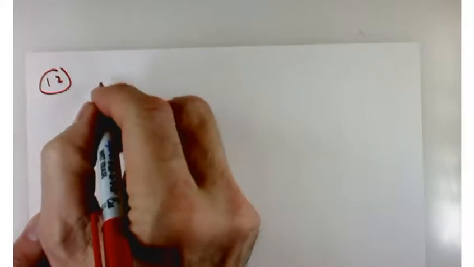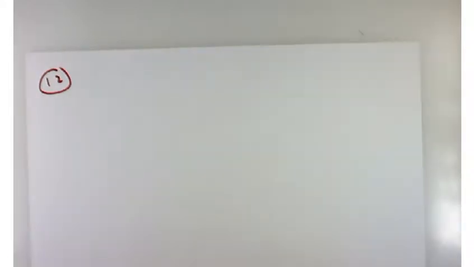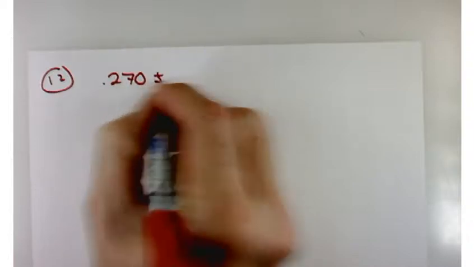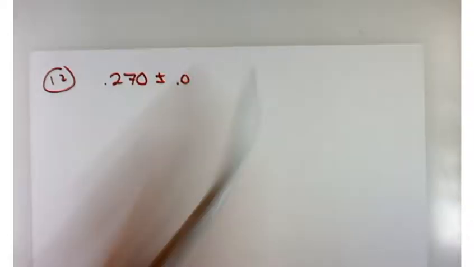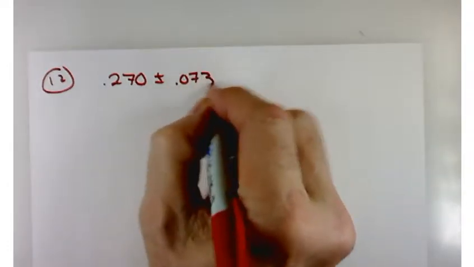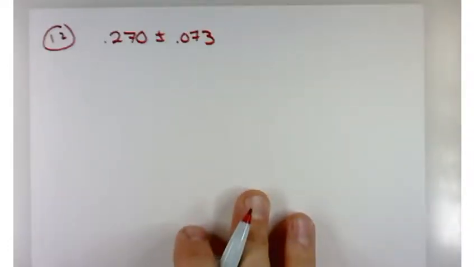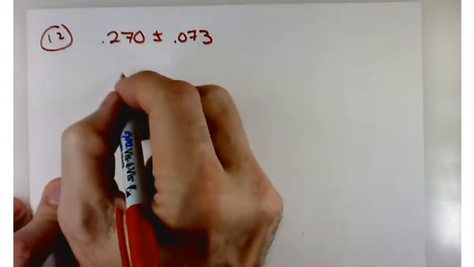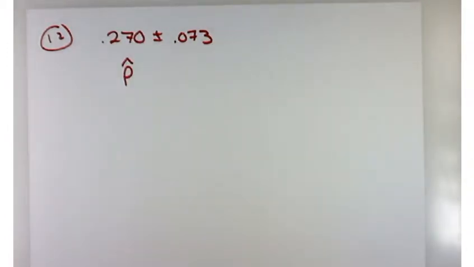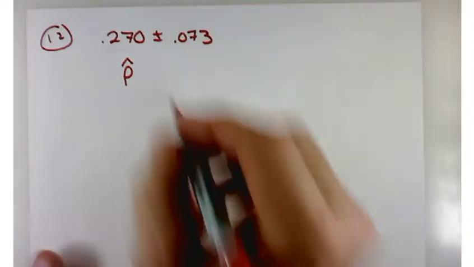So problem number 12, we get 0.270 plus or minus 0.073. What is this? That 0.270 is your p hat. That's your best guess as to the true proportion of M&Ms that are blue based on your sample.